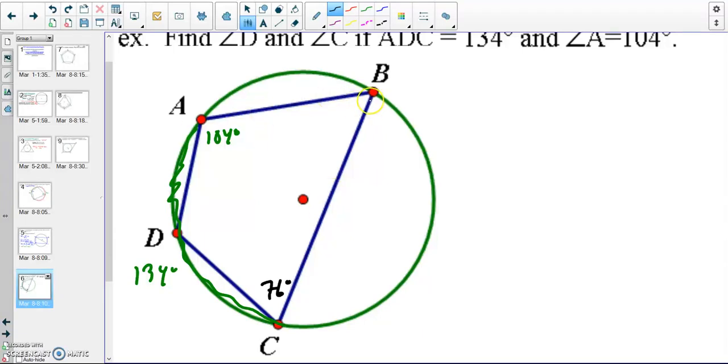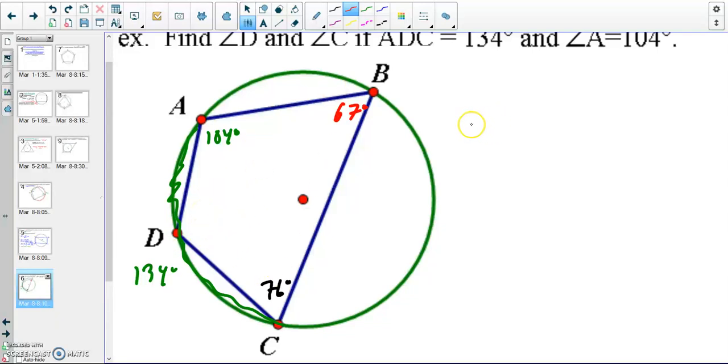Angle B is an inscribed angle that intercepts a 134 degree arc, so it must be 67 degrees. And now if I want to find angle D, well, I know 3 angles. In a quadrilateral, all 4 of them have to add up to 360.